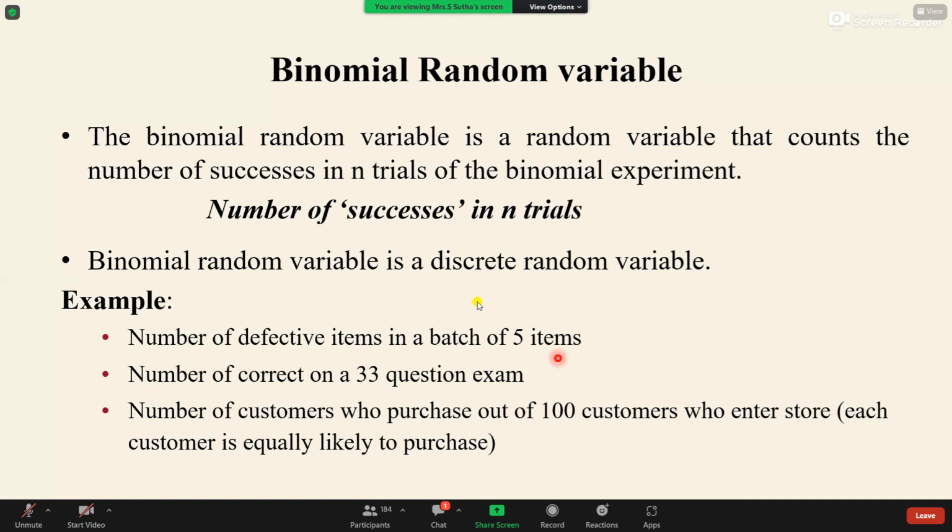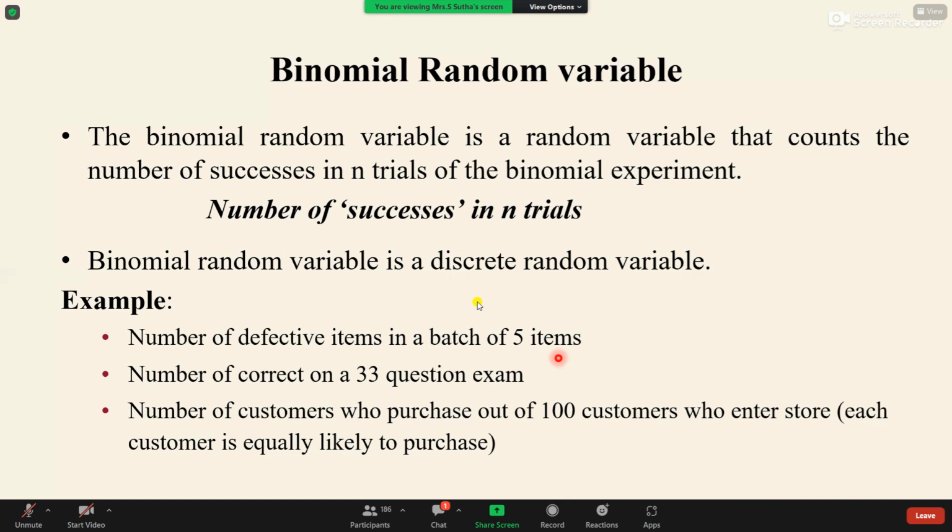When we test an item, we can identify whether it's defective or non-defective. For each item, only these two outcomes are of interest. Out of 5 items, we are going to count how many are defective.